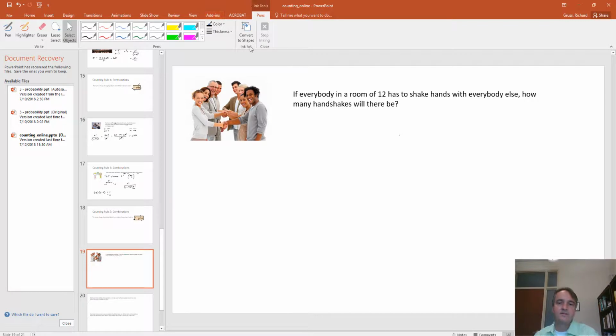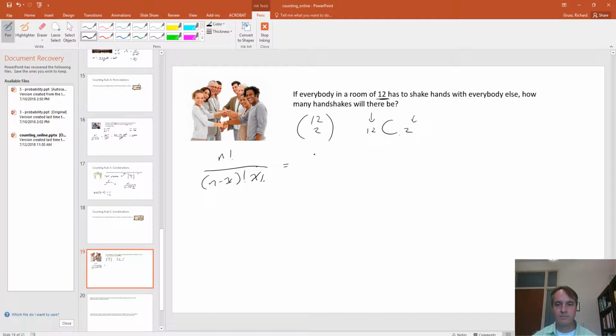Okay, so let's take a look at this problem then. If everybody in a room of 12, so we've got 12 people in the room, has to shake hands with everybody else, how many handshakes will there be? Well, this is really just asking us 12 choose 2. So the formula, I'll just write it again real quickly: n factorial over n minus x factorial x factorial.